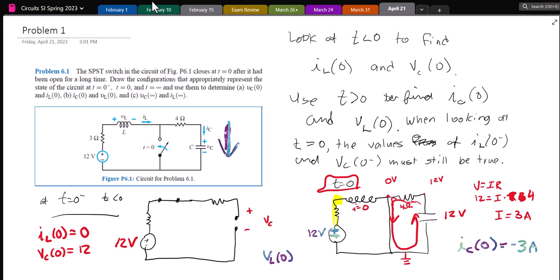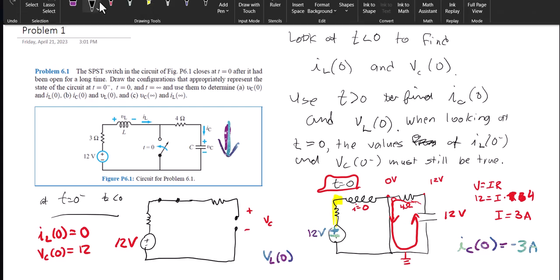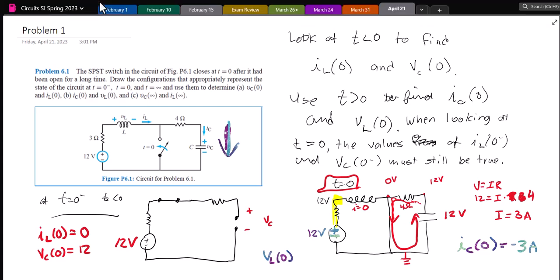That's all at 12 volts. So this side is at 0 volts, and this side is at 12 volts. Now let's look at how it's labeled. It's labeled with this side being plus and that minus. So we would say that VL of 0 equals 12 volts.